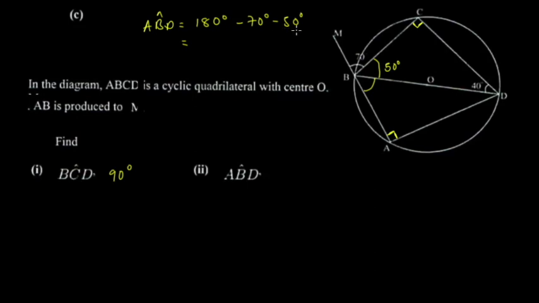So minus 70 minus 50, you get minus 120. Then 180 minus 120, you get 60 degrees. Okay. So when you say 60 plus 70 plus 50, yeah, you actually get 180. Okay, so this one would be 60 degrees. So that's it for this question.